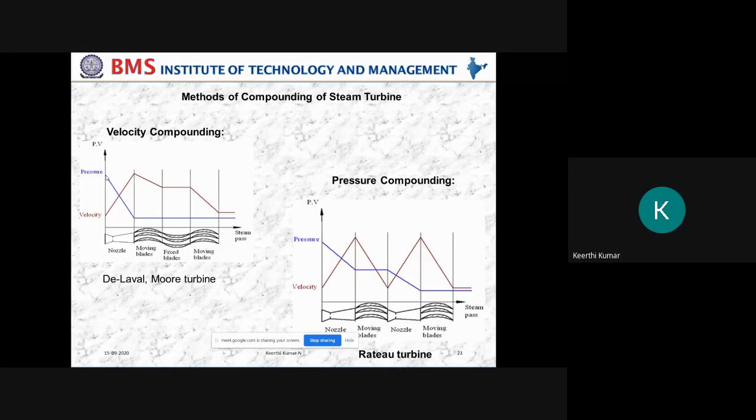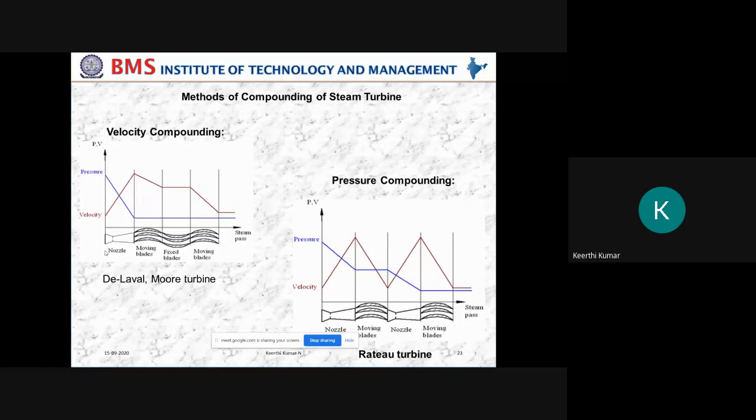Once the steam passes through the nozzle, because of the convergent and divergent effect, the pressure will drop drastically. Because of this drop in pressure, the velocity of the steam increases. At point 2, the exit of the nozzle, the pressure is very low and the velocity is at a higher level.